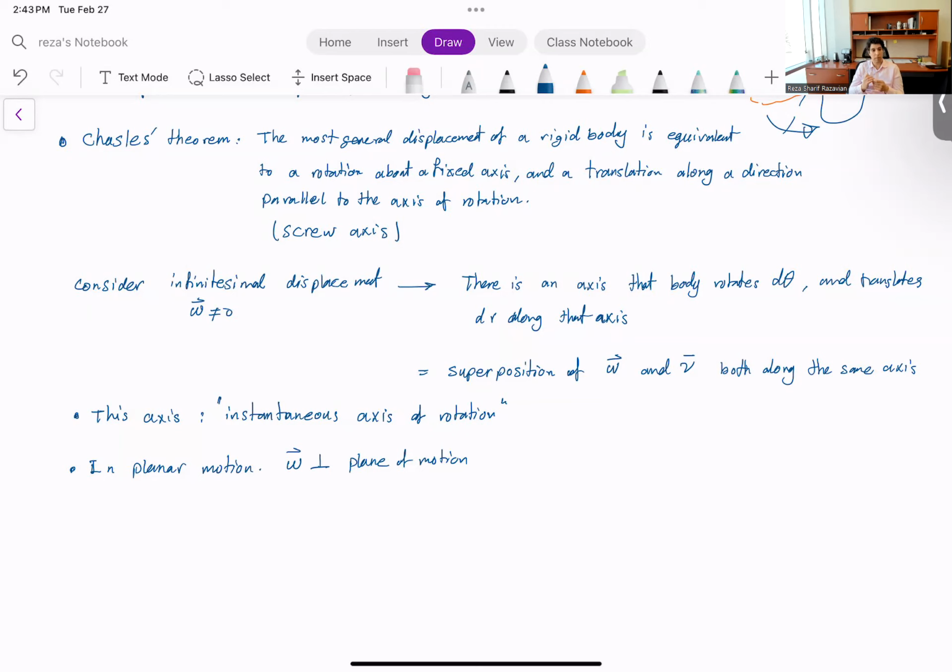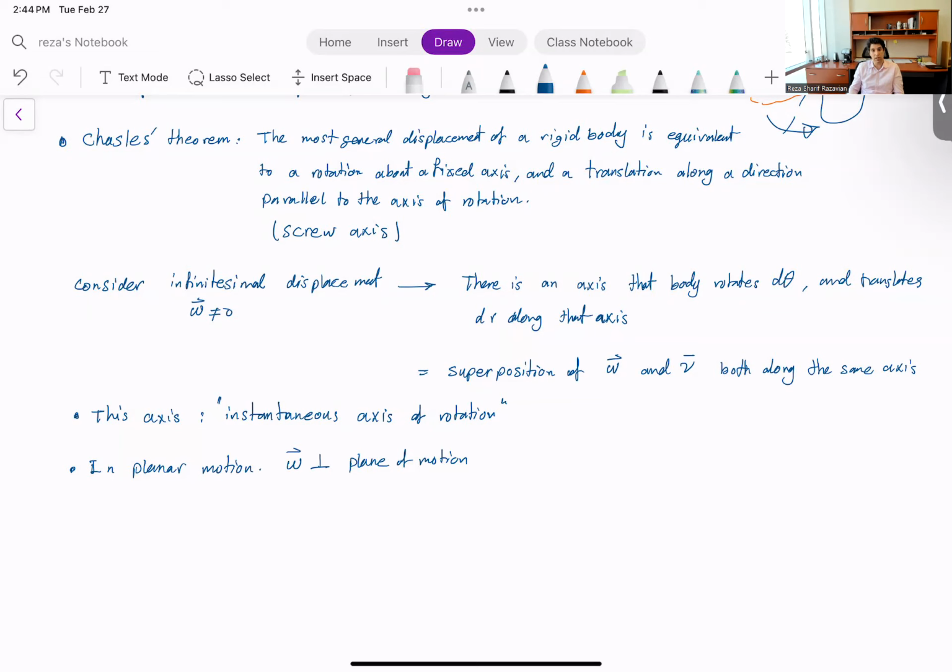So the axis of rotation in this case is just the point where the axis of rotation and the plane intersect, that becomes the instantaneous center of rotation. So the instantaneous center is essentially a special point on that axis of rotation.